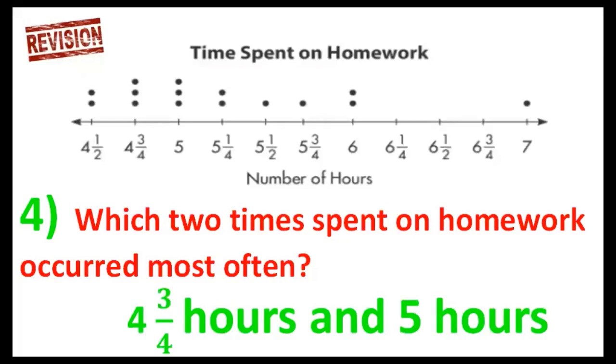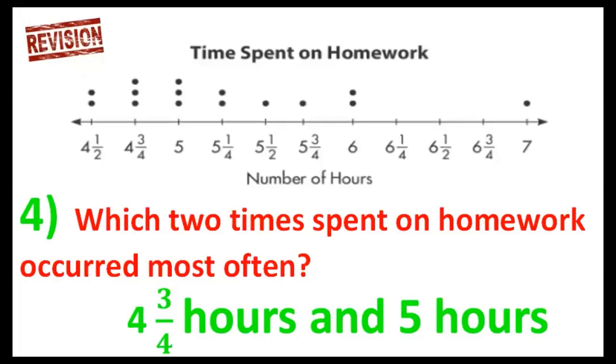The largest number of dots on the line plot is over 5 3/4. That means this is the most often value that occurred in the line plot.